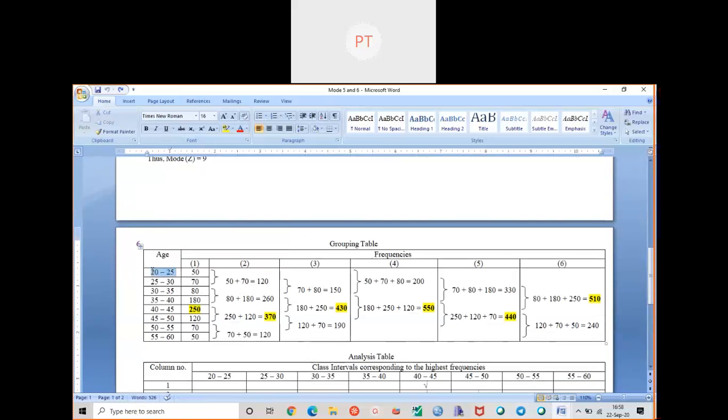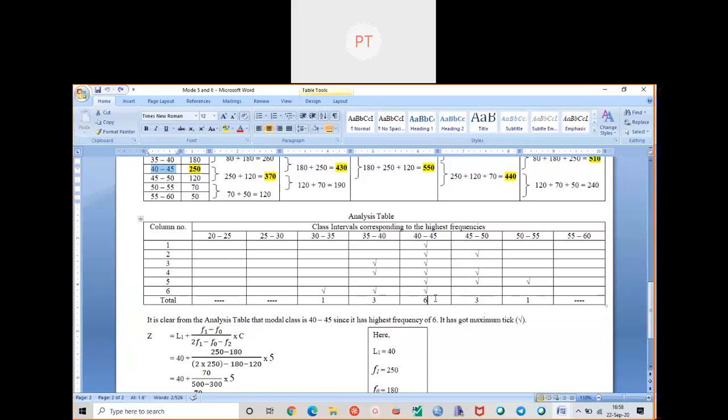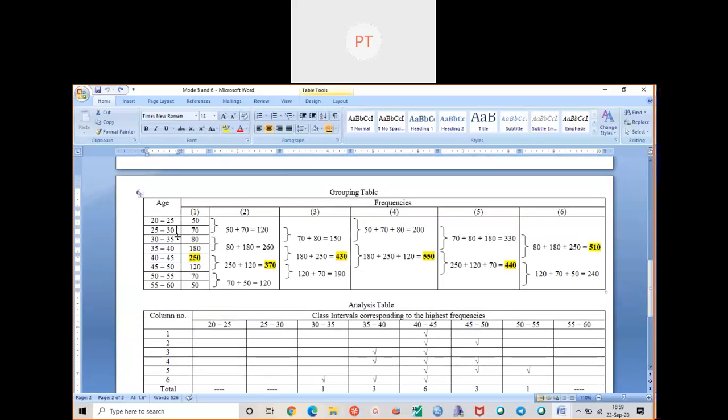You can see the class limit here is 5, from 20 to 25. But refer to the class interval of the modal class, 40 and 45, and find the class limit of that particular class only. In some cases the class size of each class may be different from one another, for example 5, 10, 15, 20, 25, 30, 35 and 40.